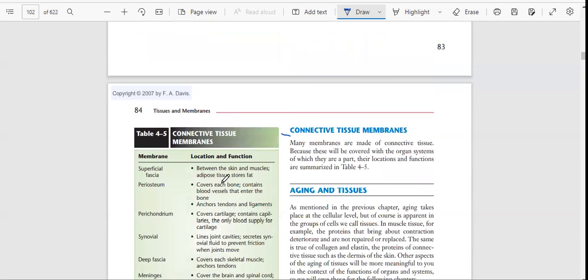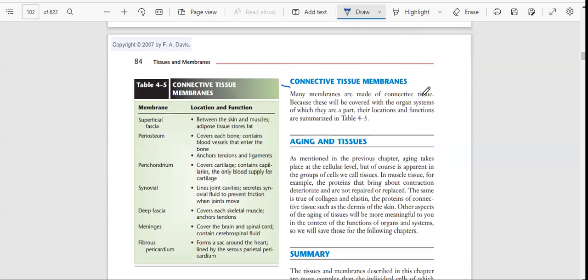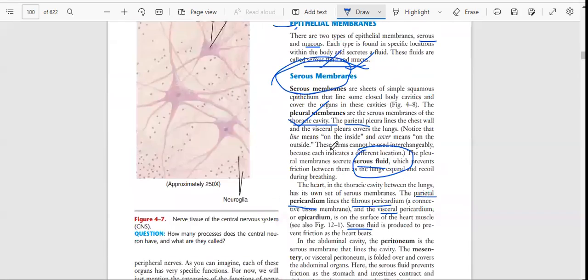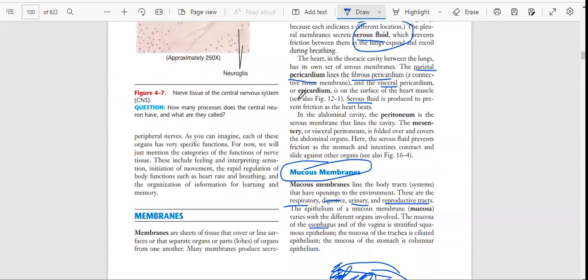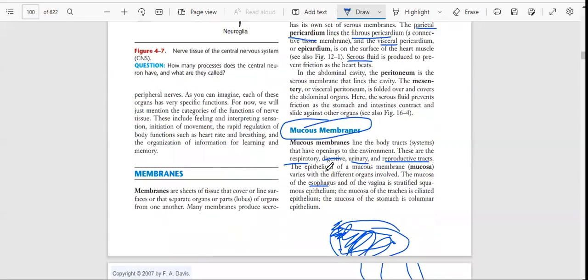Next, we have the connective tissue membrane. These membranes are made up of connective tissue because they cover the organ systems. So connective tissue membranes cover the organs. We talked about serous membrane, epithelial membrane, and connective tissue membrane. In the epithelial membrane, we have serous membrane and mucous membrane.